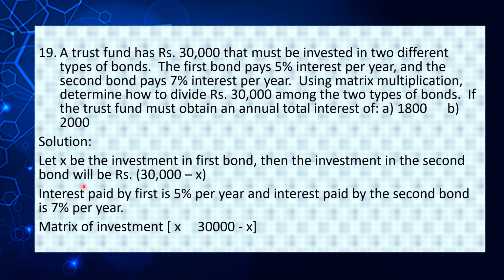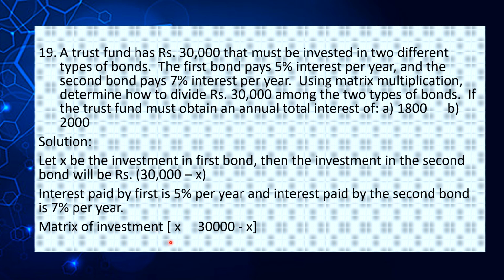Then the interest which we get for the first part is 5% per year, and for the second part for a year would be 7%. So let's write the matrices now. The matrix of investment is x and 30,000 minus x.